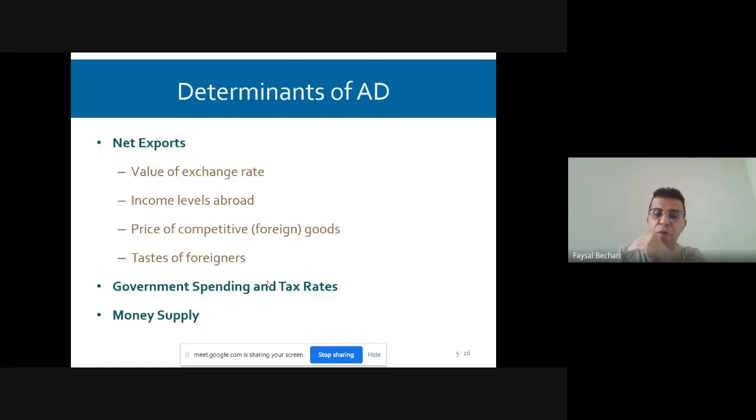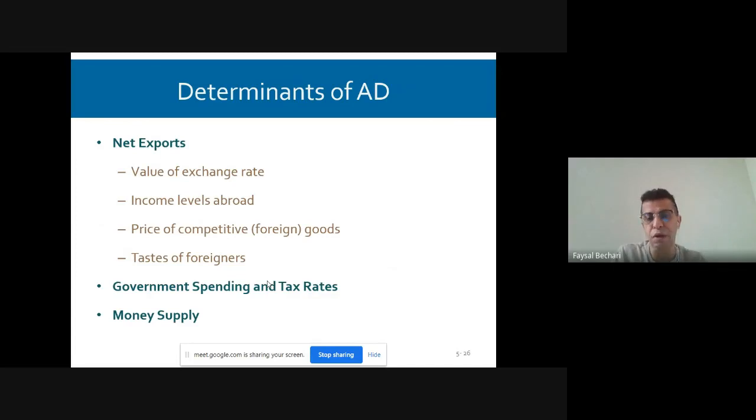Income level abroad, how rich our neighbors are who we are exporting to, also affects the price of competitive goods, whether local or foreign. If the foreign is cheaper, we have a tendency of buying more foreign, so our imports will be more than our exports. And the taste of foreigners, whether they like our milk or our products or potatoes, or they don't like it, that's the taste of the foreigners.